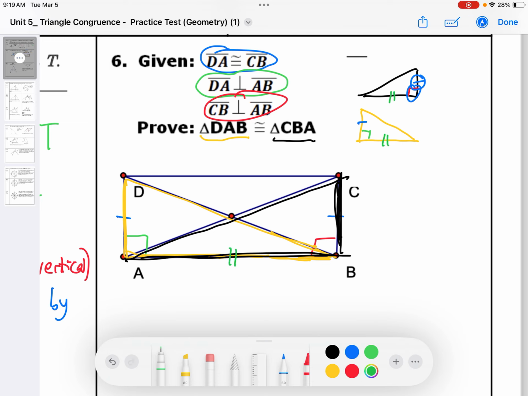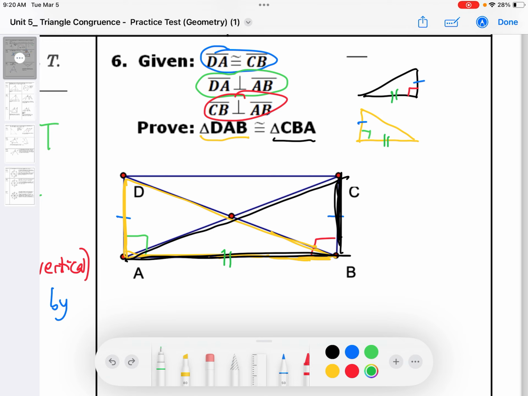And that's AB. All right, and now it's a little clearer that I'm going to be using a side, angle, side pattern. Side, angle, side. In that order, with the angle in between the 2 sides. So let's write our proof.